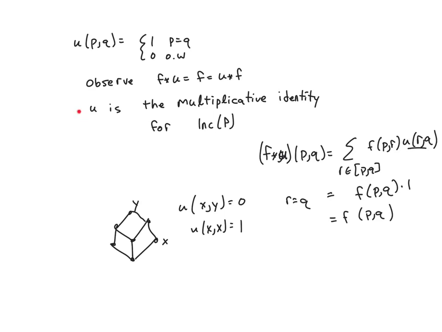So in modern algebra terminology, this is a multiplicative identity in the incidence algebra. So it plays an important role when you're talking about inverses. When you have a multiplicative identity, you can start talking about multiplicative inverses with respect to convolution. And as we saw with the inclusion-exclusion principle, or with generating functions, it's sometimes important to know about the existence of multiplicative inverses.